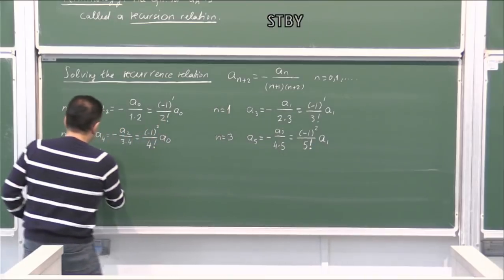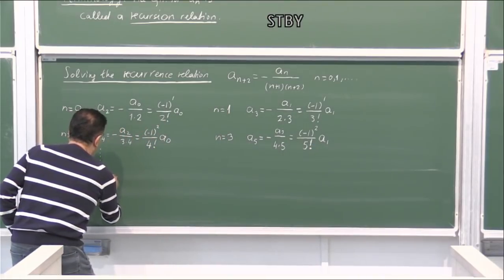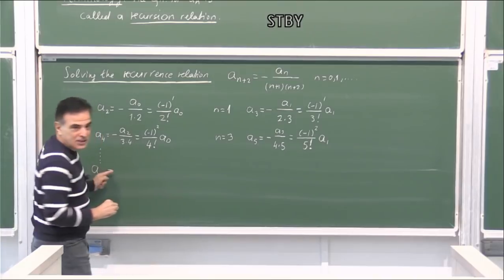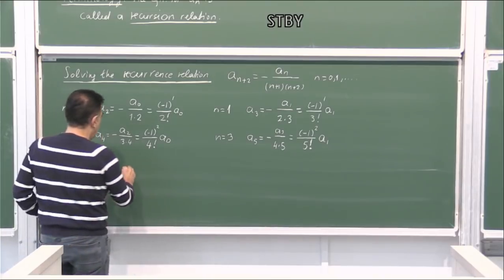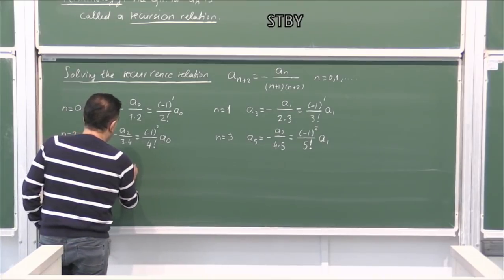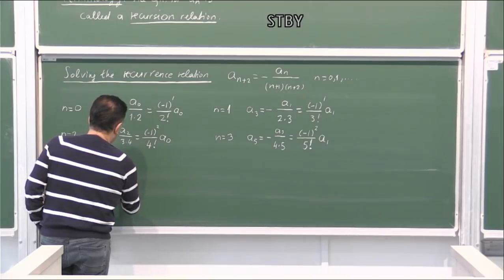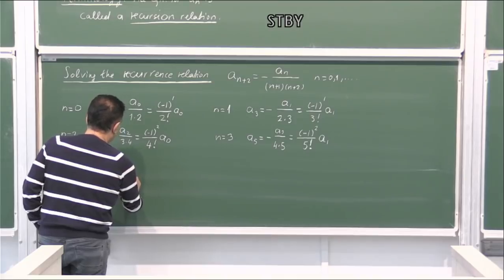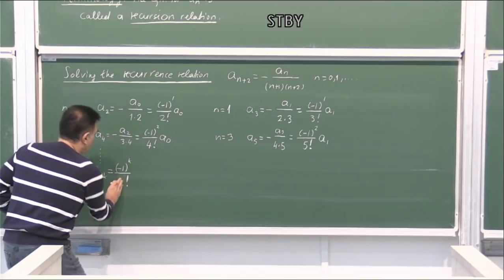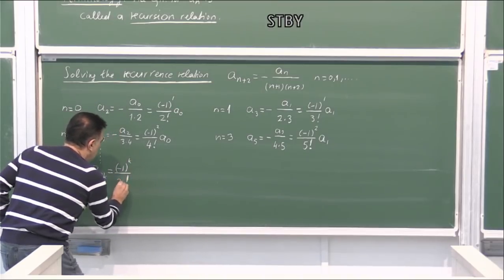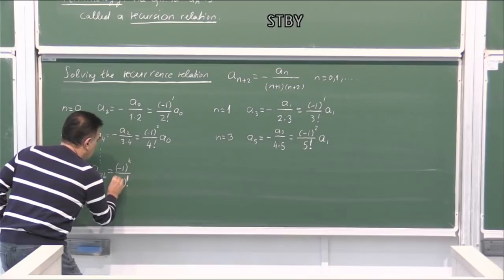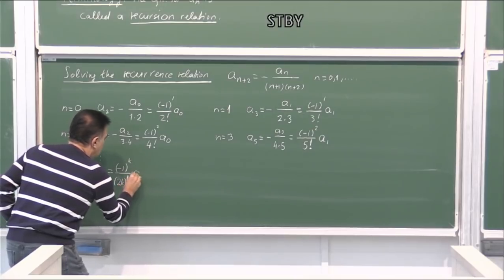It is not difficult to prove by induction that a_2k becomes minus 1 to power k over 2k factorial times a0.